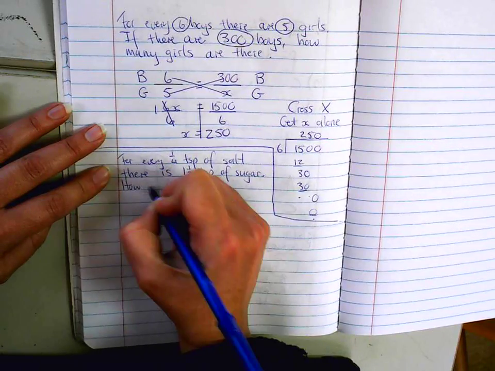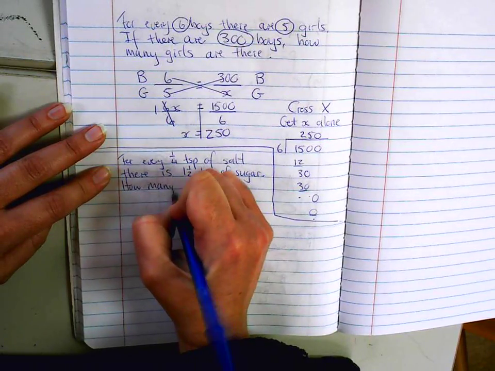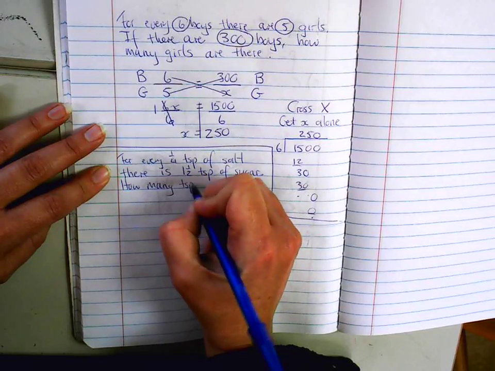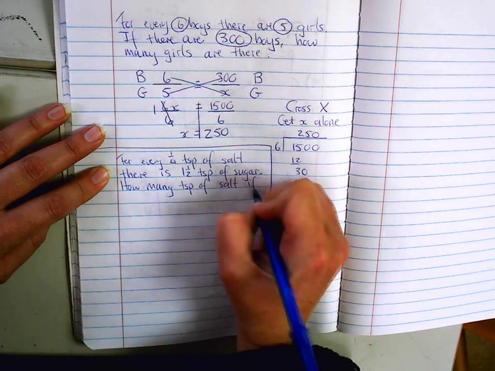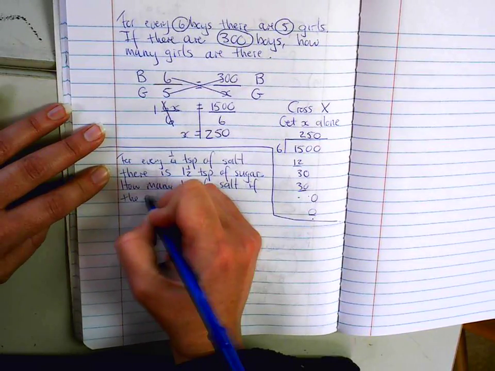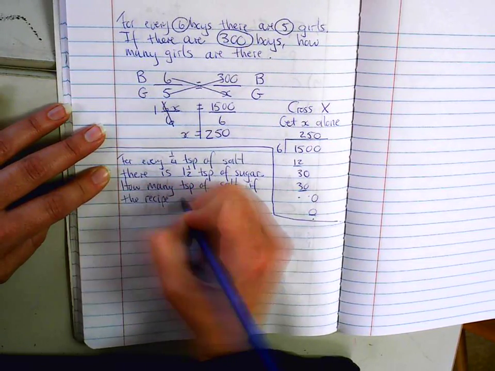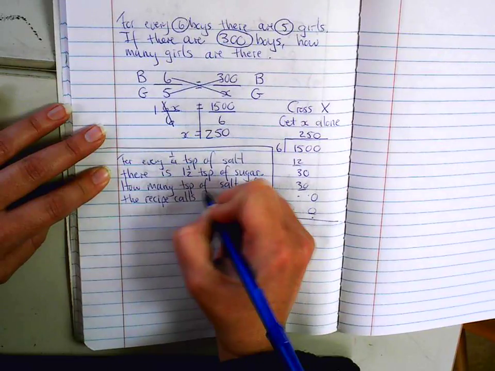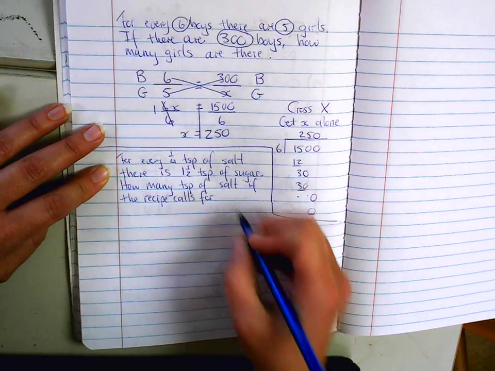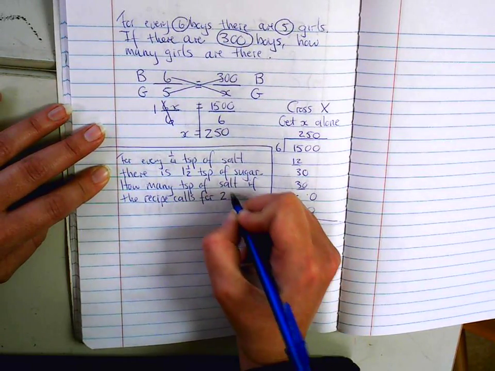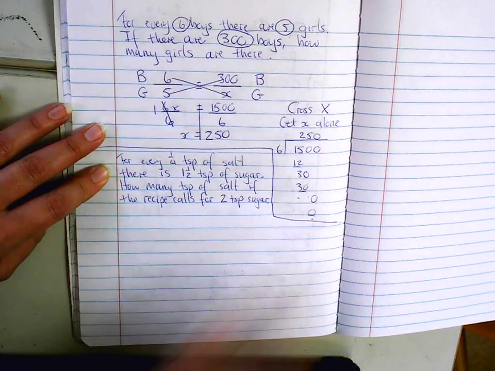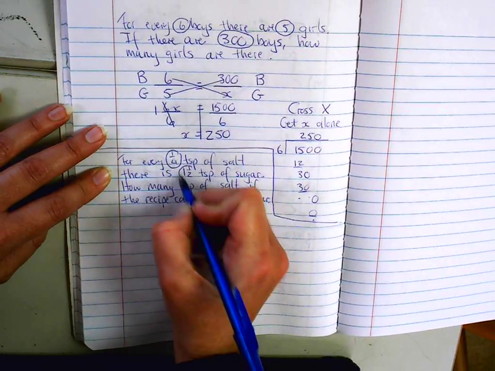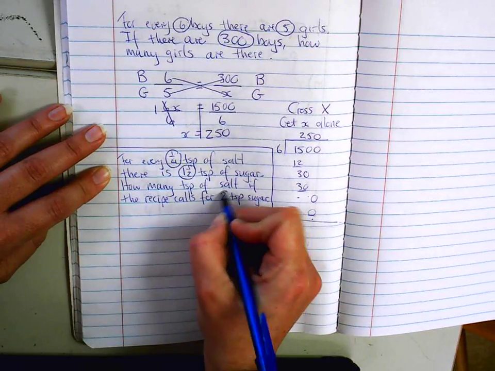How many teaspoons of salt if the recipe calls for 2 teaspoons of sugar? Okay, let's see, 1, 2, 3.